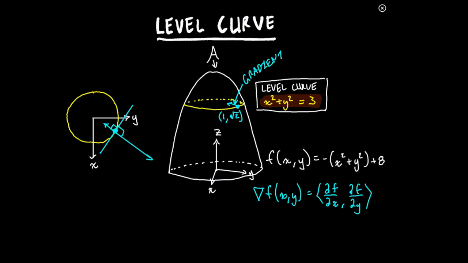And that's it. So let's write out what that's going to be. For our particular f function, that's the only x term here, so negative 2x, and then negative 2y.